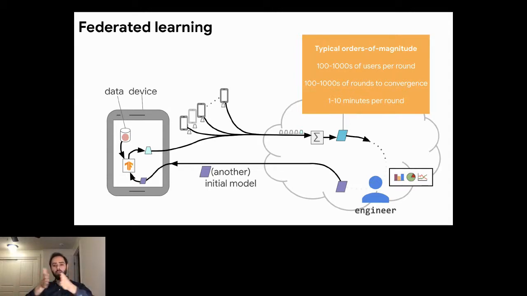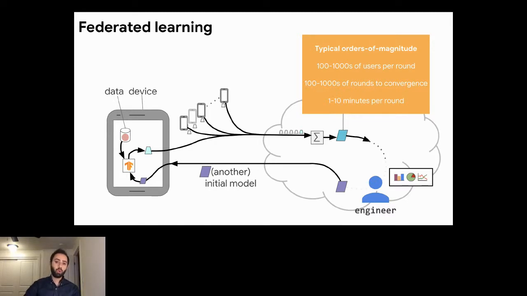The reason why there's this big gap between 1 and 10 is because it depends on the model size. If the model is really small, it's going to take closer to a minute. If the model is actually quite big, it's going to take closer to 10 minutes, depending on the size of the model, depending on the complexity of the task. And we'll touch on this in a bit later.